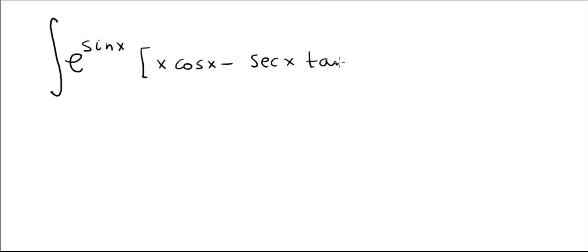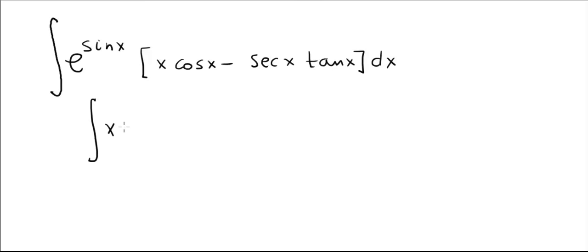Okay, let's evaluate the integral of e to the sine of x times (x cosine x minus secant x tangent x). It's a fairly complicated integral, and the way we're going to solve it is to break it up into two integrals.